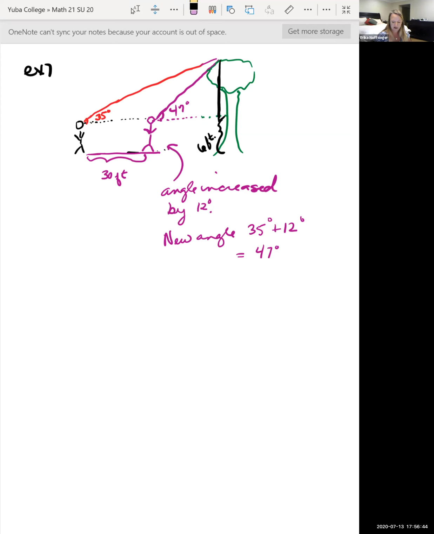And then we would know that we have to add the 6 feet in here. So we have a right triangle. Notice that we have two separate right triangles. So let's look at the bigger one.